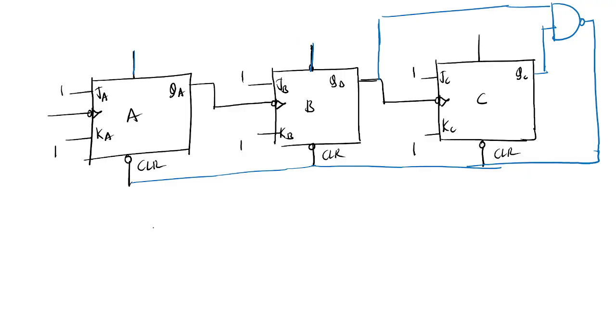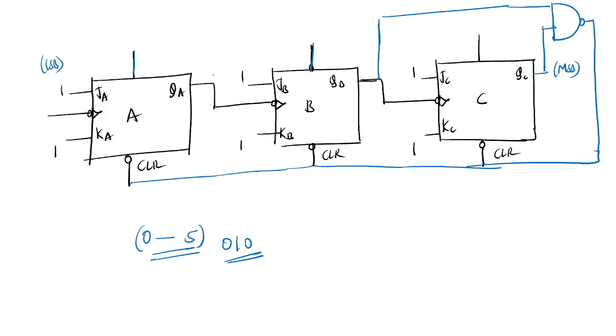So from 0 to 5, we will check any value. Tell me from 0 to 5. Take 2. 2 means 0, 1, 0, where this is the MSB and this is the LSB of the counter.